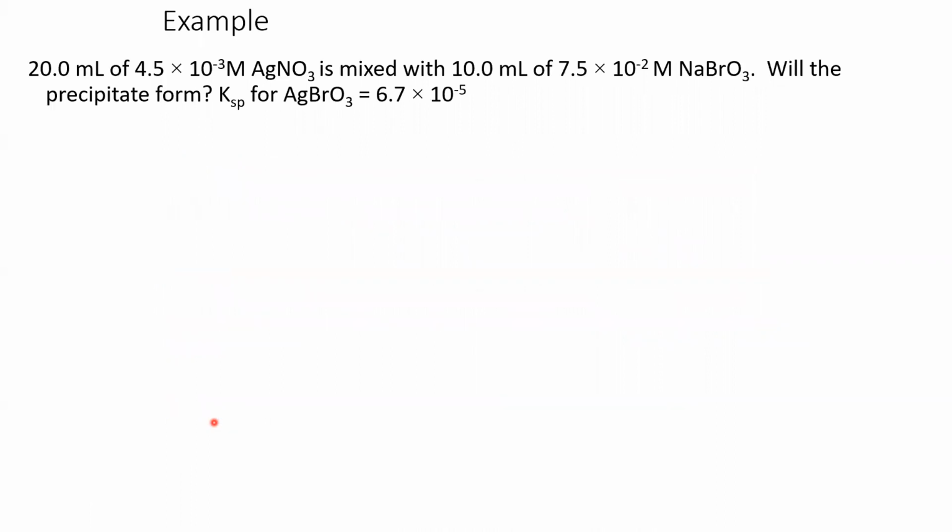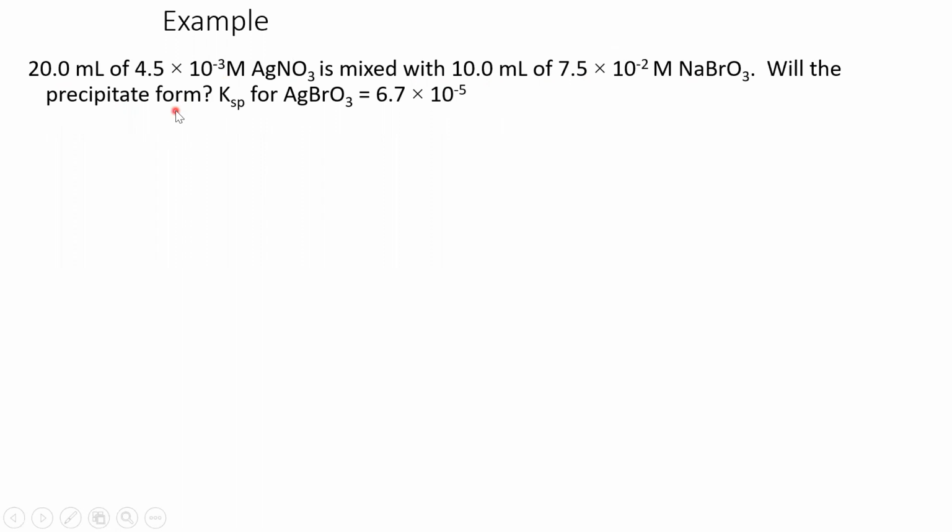So let's look at an example. We're going to mix two solutions together in this question. We've got 20 milliliters of 4.5 times 10 to the minus 3 molar silver nitrate, and we're going to mix it with 10 milliliters of 7.5 times 10 to the minus 2 molar sodium bromate.